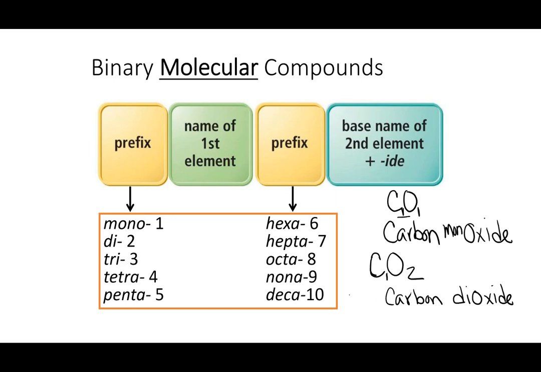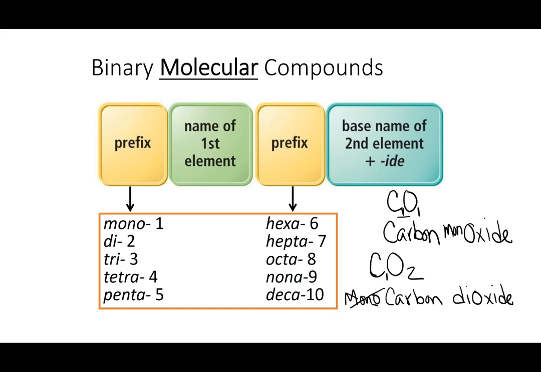So would I start with mono? So we don't say monocarbon dioxide. What do we call CO2? We simply call it carbon dioxide. So that's it for covalent naming. There's really not a whole lot to it. The most important thing is really to identify it as a covalent and then remember to use the prefixes.